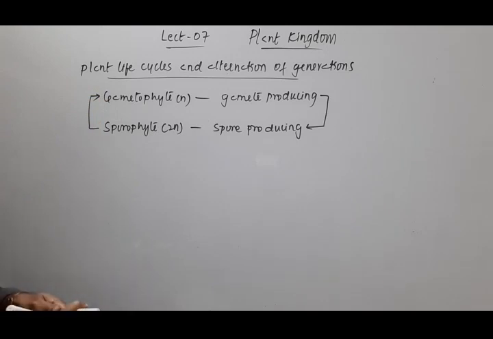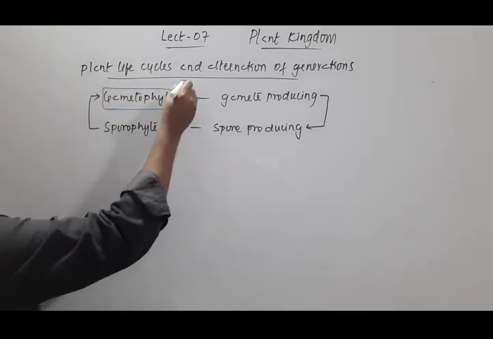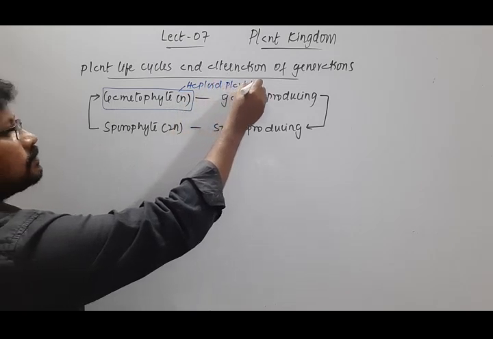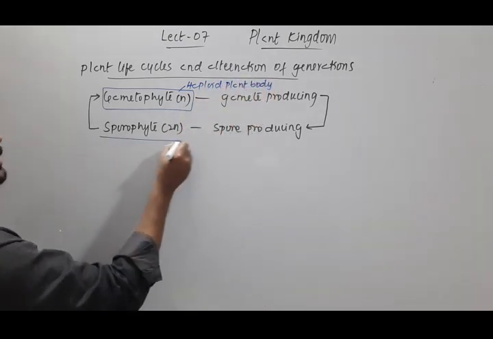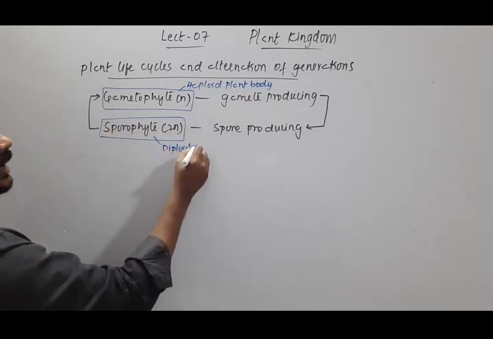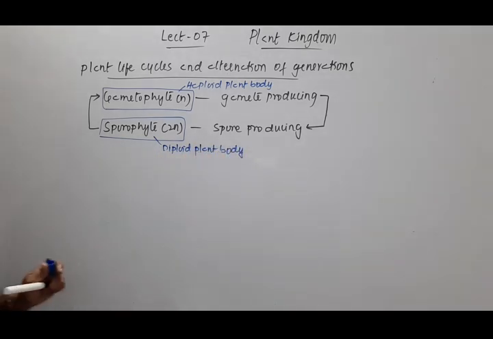Okay, so here the gametophyte is haploid, so it's a haploid plant body, and the sporophyte is a diploid plant body. Now these two phases of a plant are developed due to the diploid and haploid cells undergoing mitotic cell division.